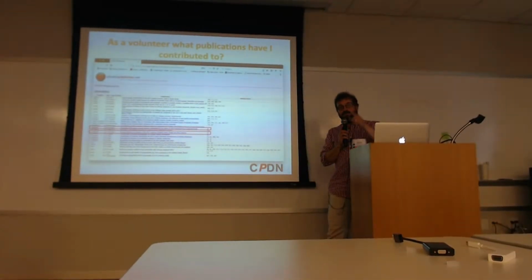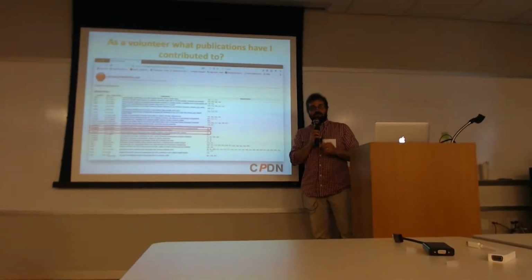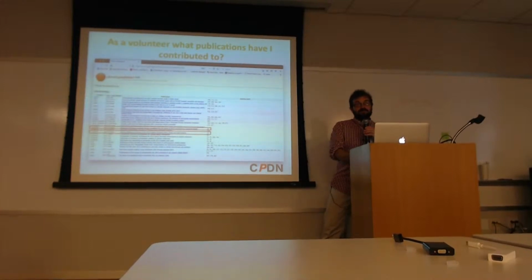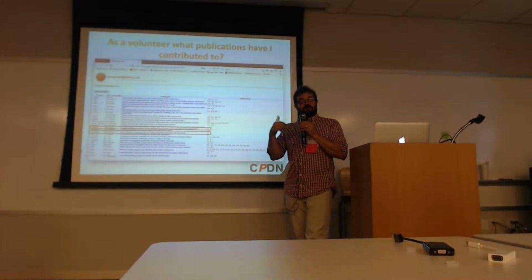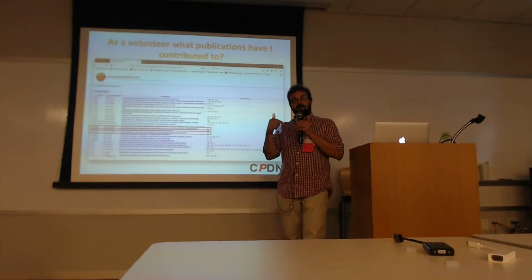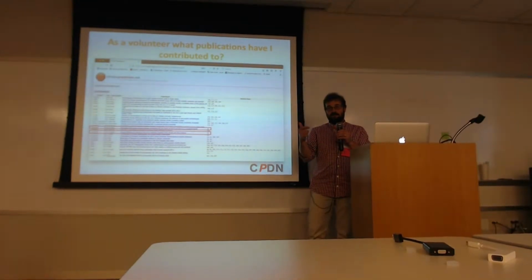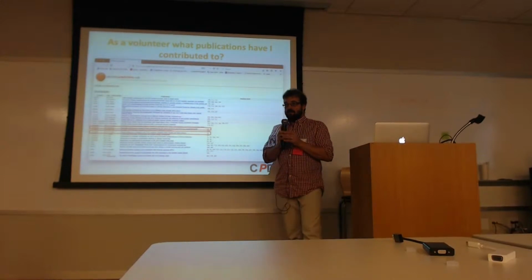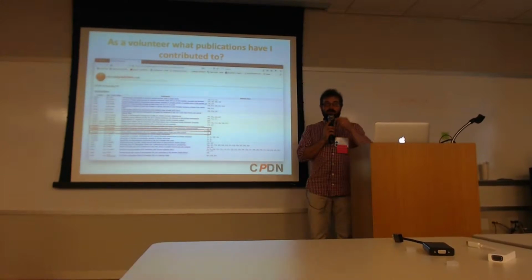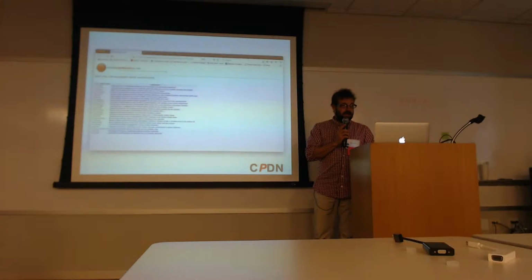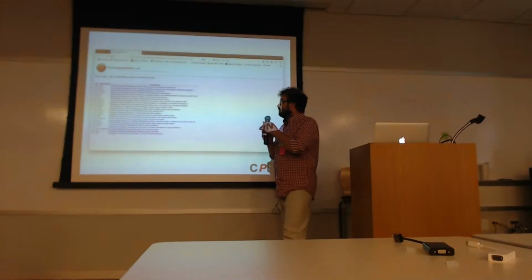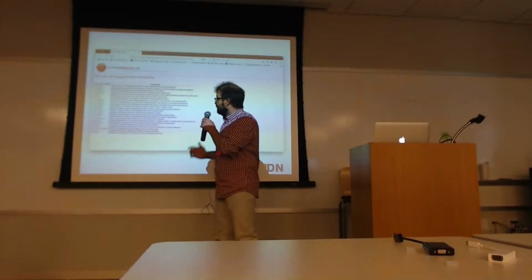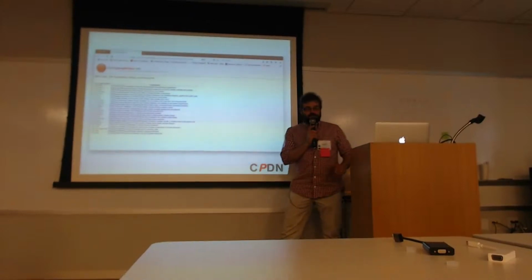But what we've done is we've gone a little step further than that. We've created a page where our volunteers can go and look, and it's volunteer-specific, and see which batches they've actually contributed work units to. And this is Jim, one of our moderators here, who's been awfully active.